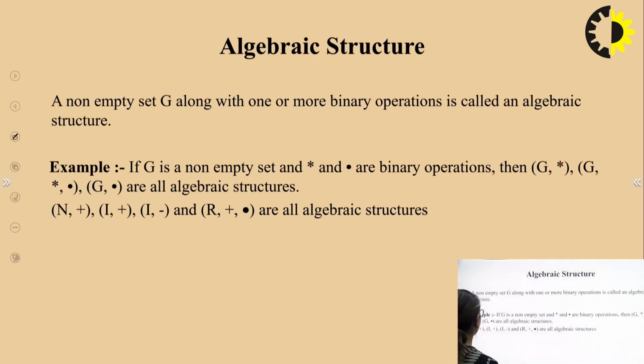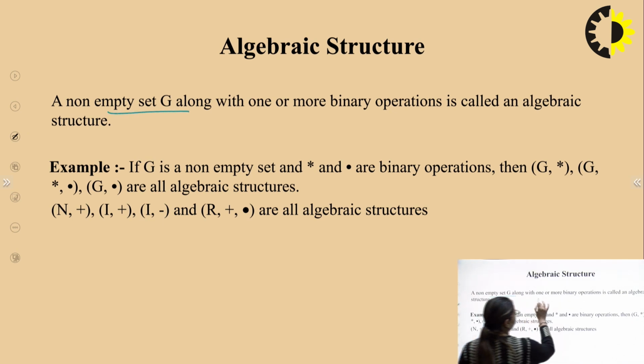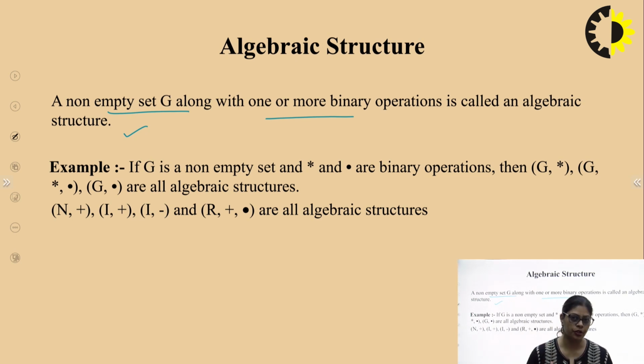Now the algebraic structure. A non-empty set G along with one or more binary operations is called an algebraic structure. When we are operating some of the operations on some of the elements, then it is called an algebraic structure.